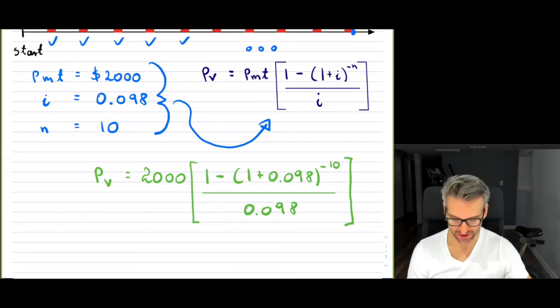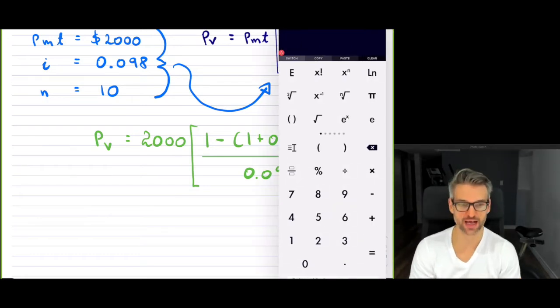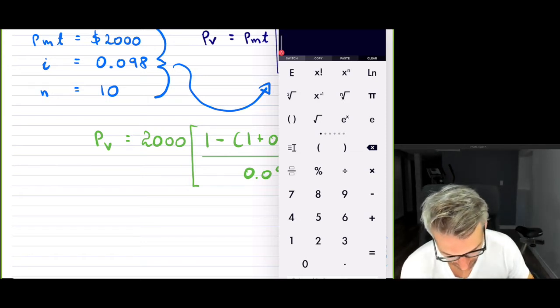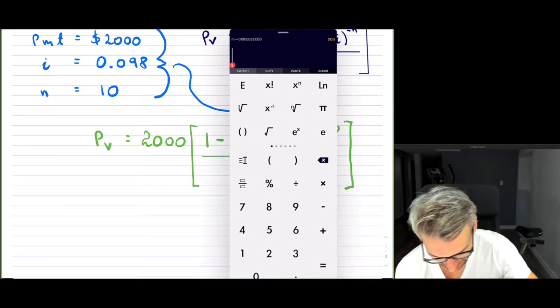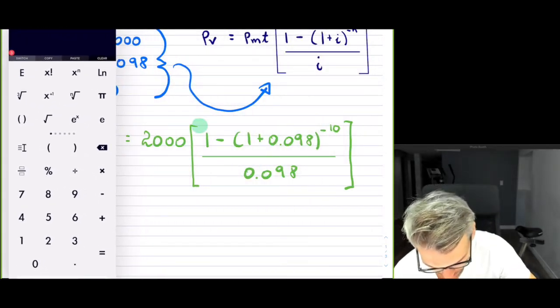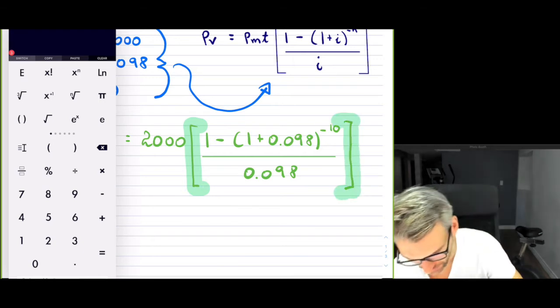But in any case, I do want to show you how I am going to put this into a regular calculator. So let's do that here. So we will calculate, for instance, this entire thing. In terms of calculating just the brackets on its own, let's do that first.